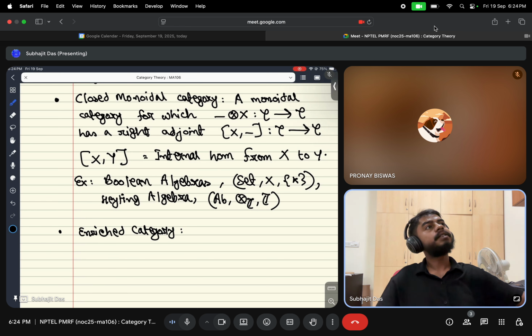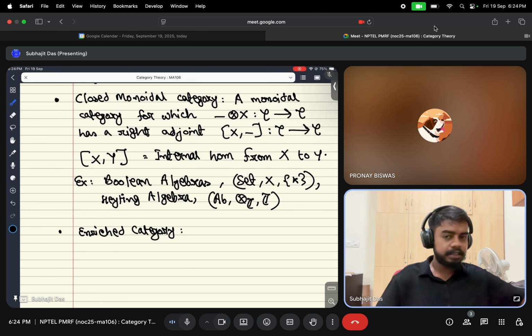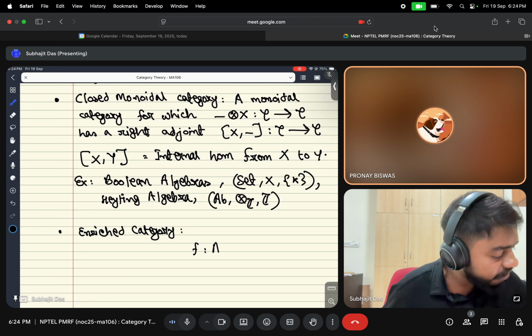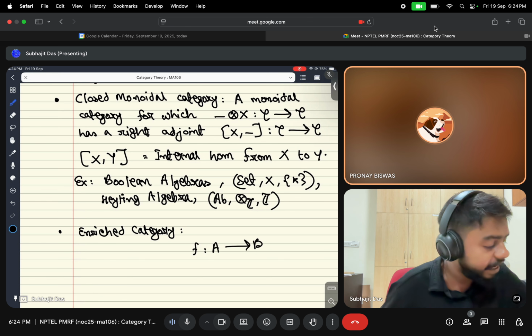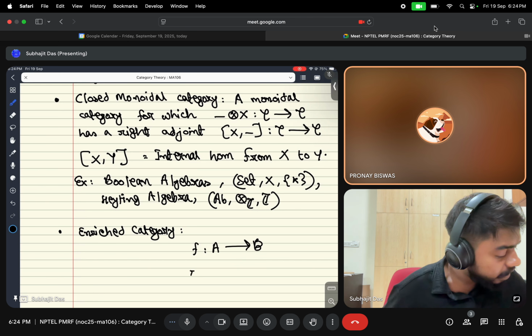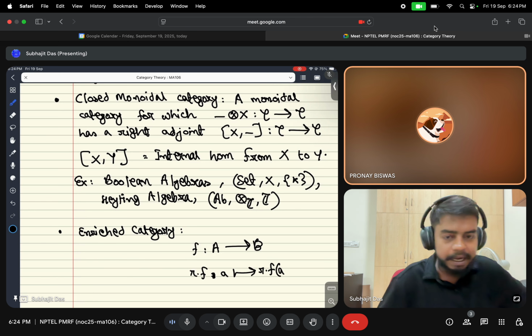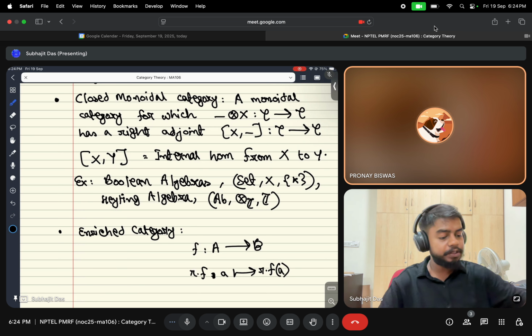Wait, let me think. It can be, right? Yeah, it will be. Suppose you take f from A to B, where A and B are R modules. You define r times f to be the map sending any a to r times f(a). This will be an R module structure, I'm pretty sure.